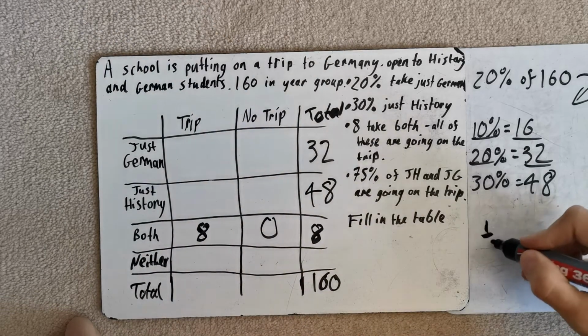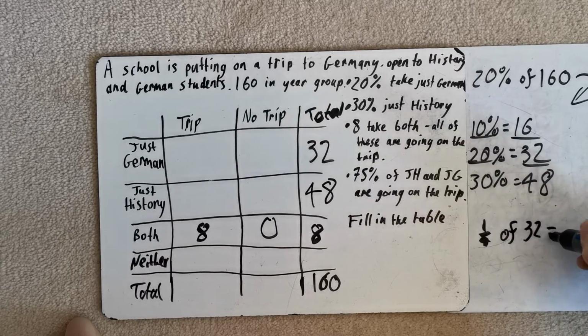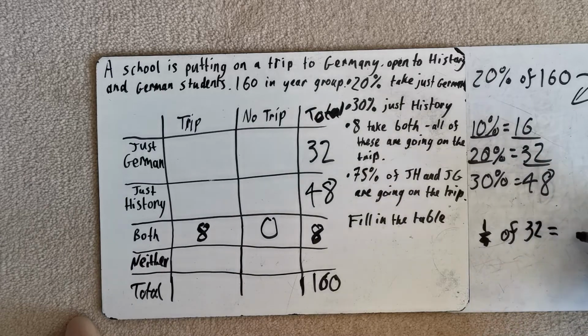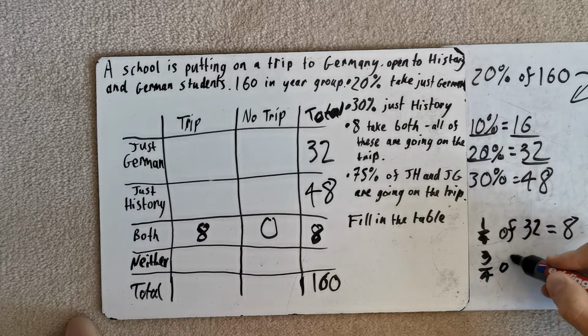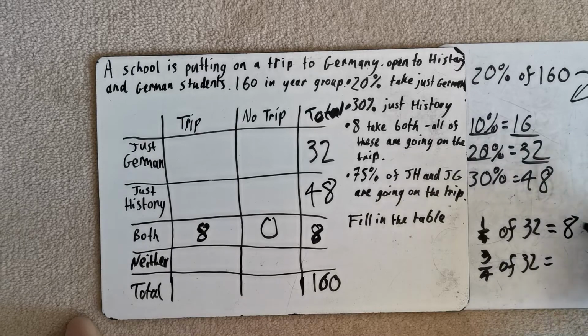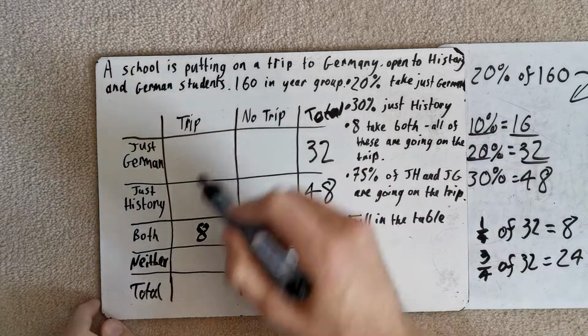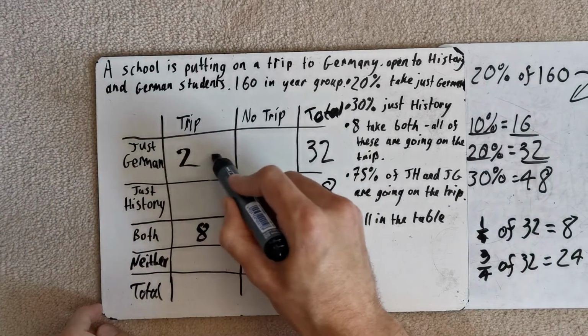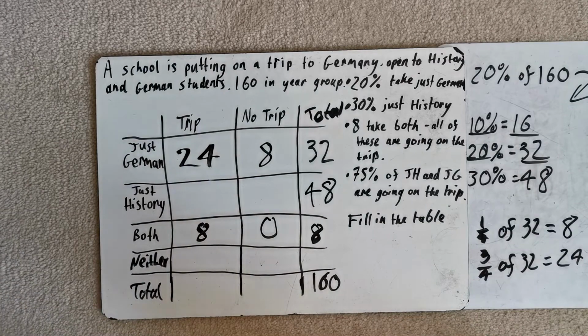So 1/4 of 32 is, well, 32 divided by 4 would be 8. So 3/4 of 32 would be 3 lots of that. 3 times 8, 24. So 24 of these are going on the trip. So 8 of them aren't going on the trip.